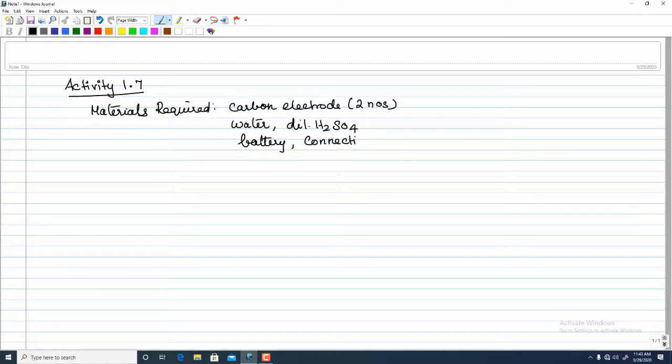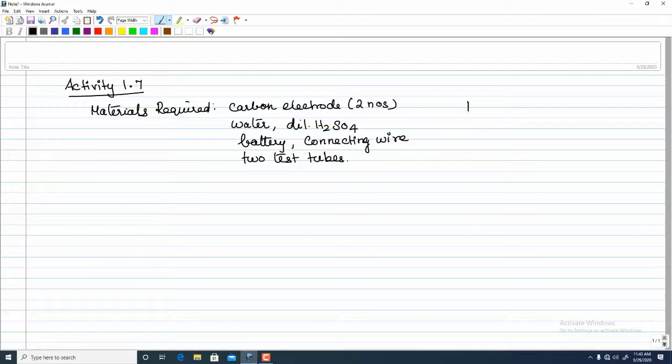These are the materials required for this activity. And you need 2 test tubes to collect the gases which are released during this activity.